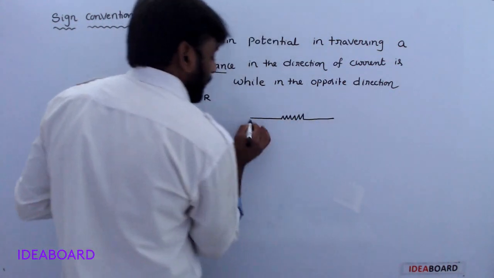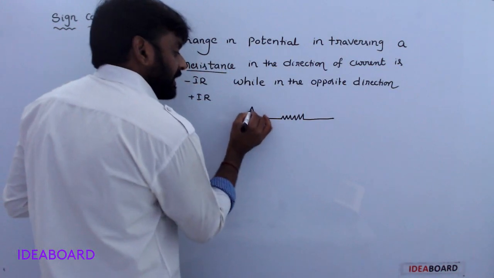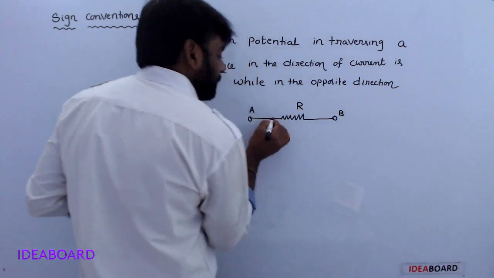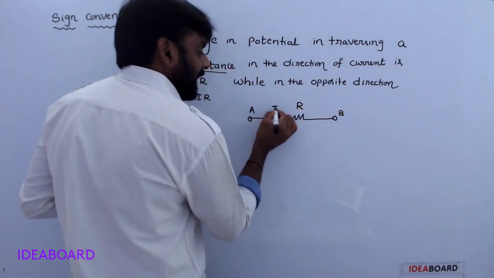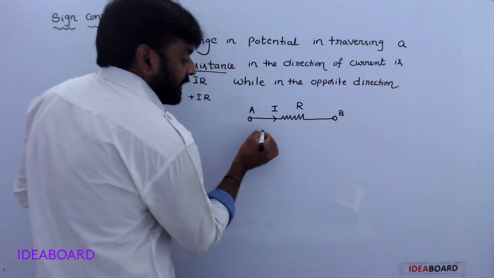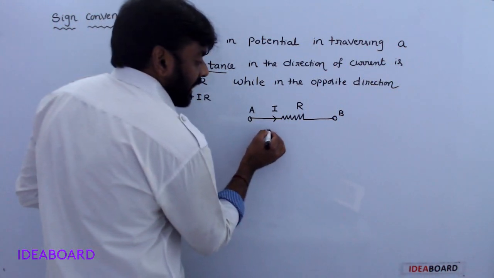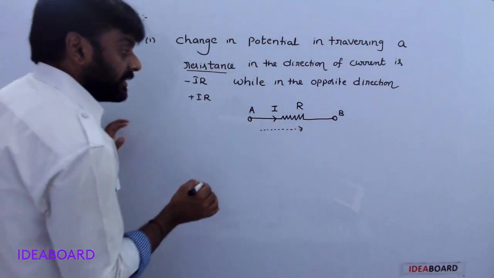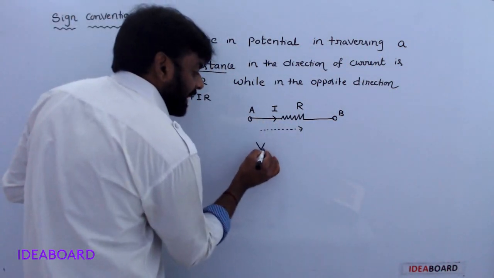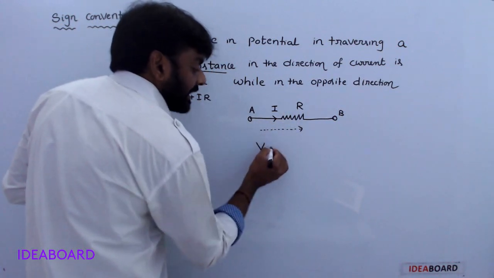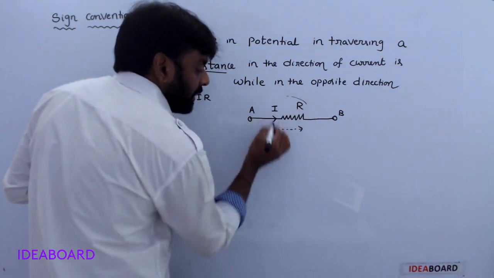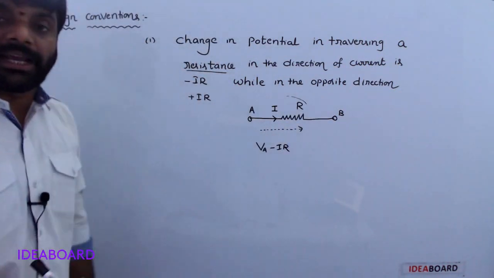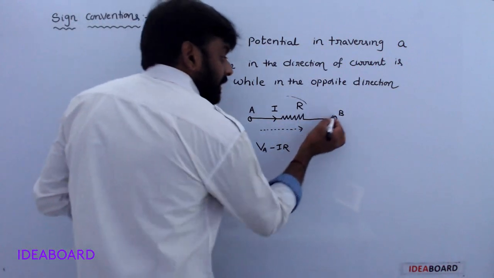This terminal is A, this terminal is B, resistance R, and the passing current is I. If you are traversing along the direction of current, the potential at A, VA, drops by IR, so along the current direction you take minus IR.